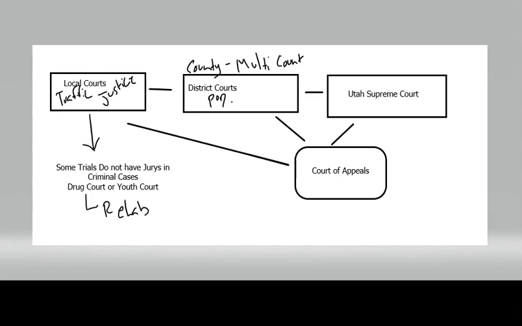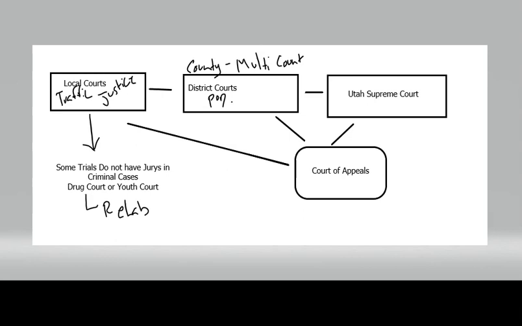Okay, now when we get to the Utah Supreme Court, this is the highest court of the land. Now, the Utah Supreme Court actually acts as both a trial court and a court of appeals. In the appeal process, they will look at the criminal proceeding when it comes to cases that are exclusive to the death penalty.